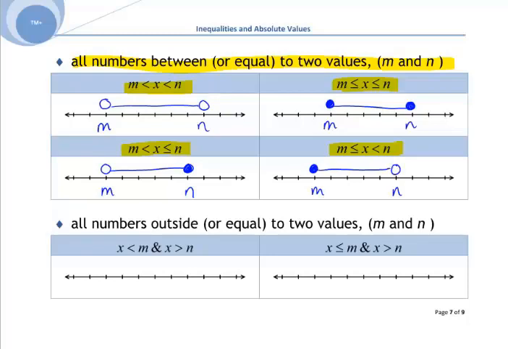The other option is that it can be numbers outside two values, m and n. So x is less than m or x is greater than n. If I have m here and n here, x can be less than m or it can be greater than n.